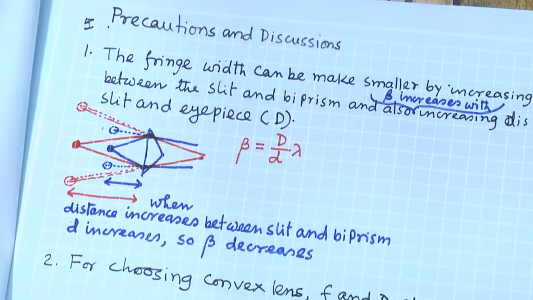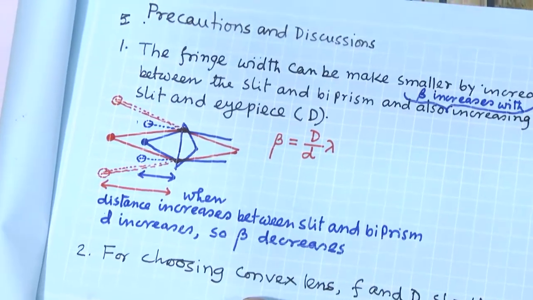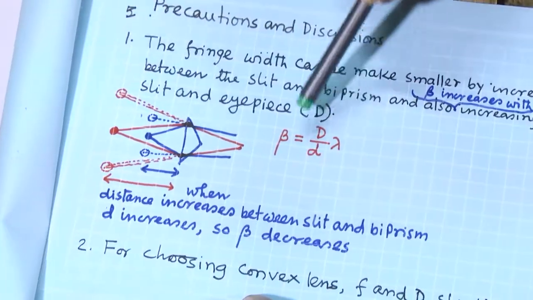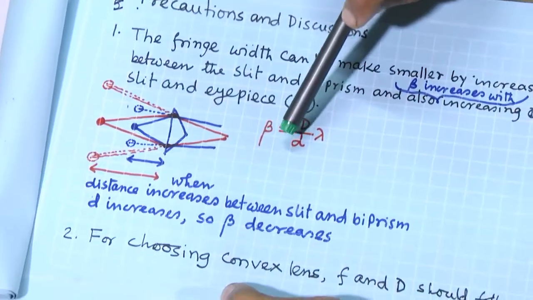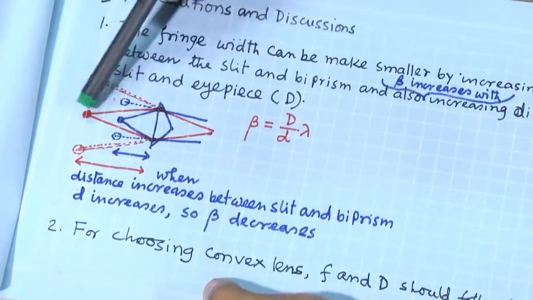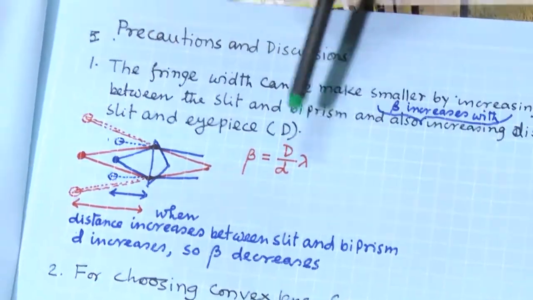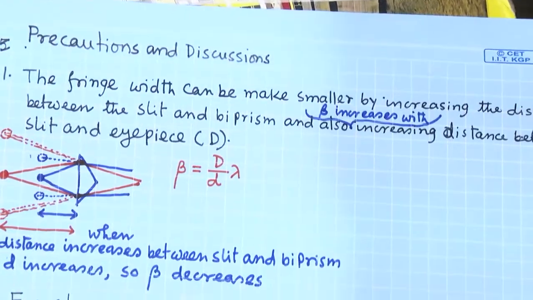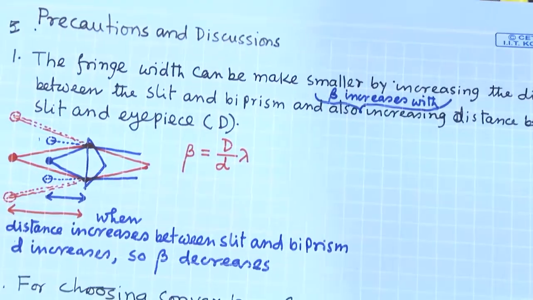Fringe width is controlled by small d and capital D. Small d is controlled by the separation of these two, and capital D by the position of the screen.